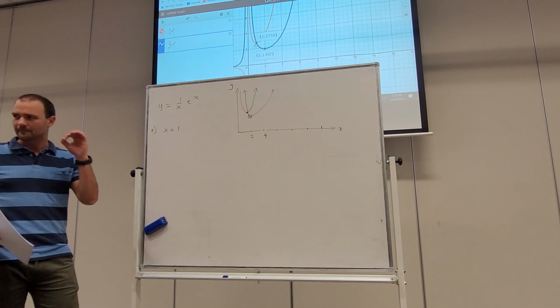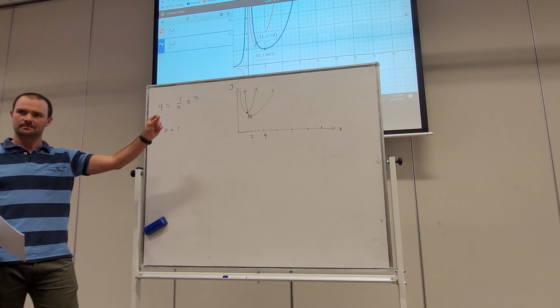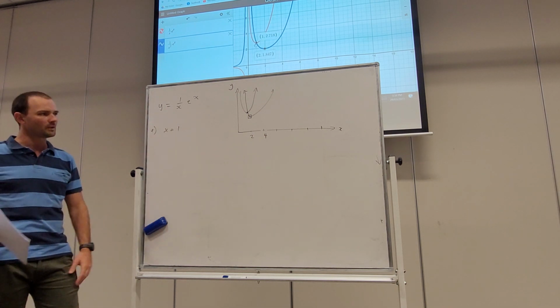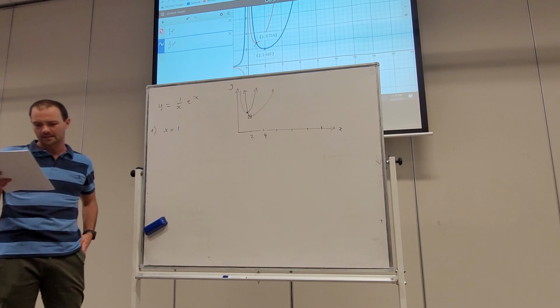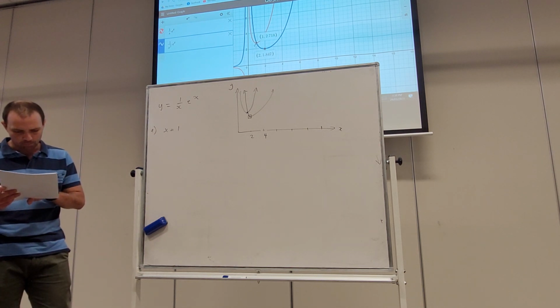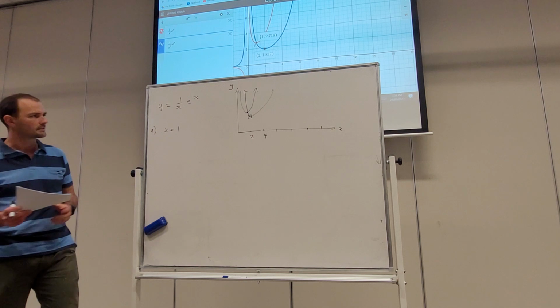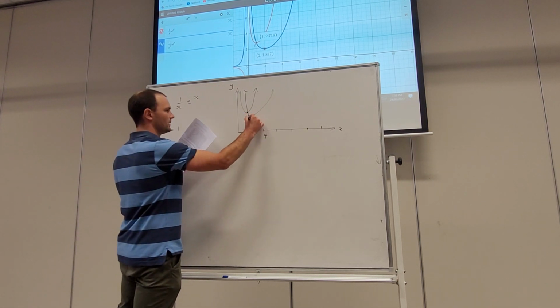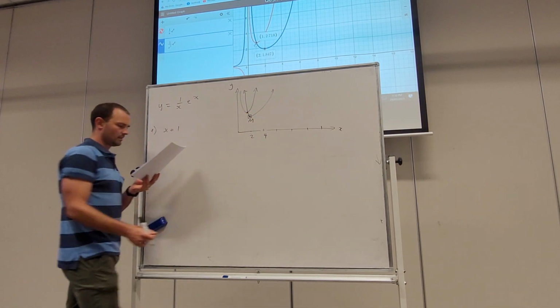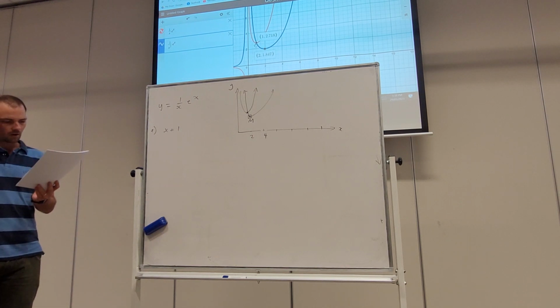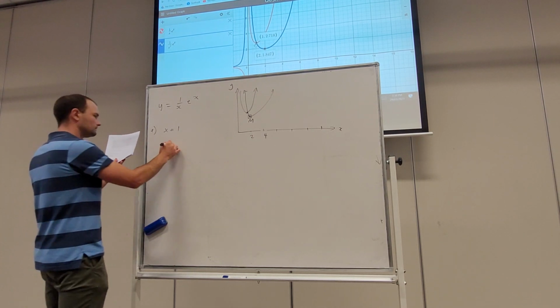We're looking at key points and general shape to get you those 2 marks. It says accurately plot and label with an M the stationary point. So that's going to be here, isn't it? Stationary point, M.